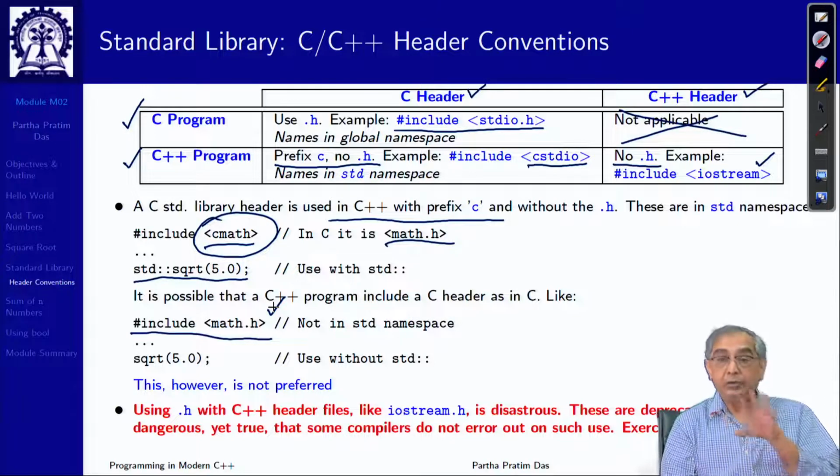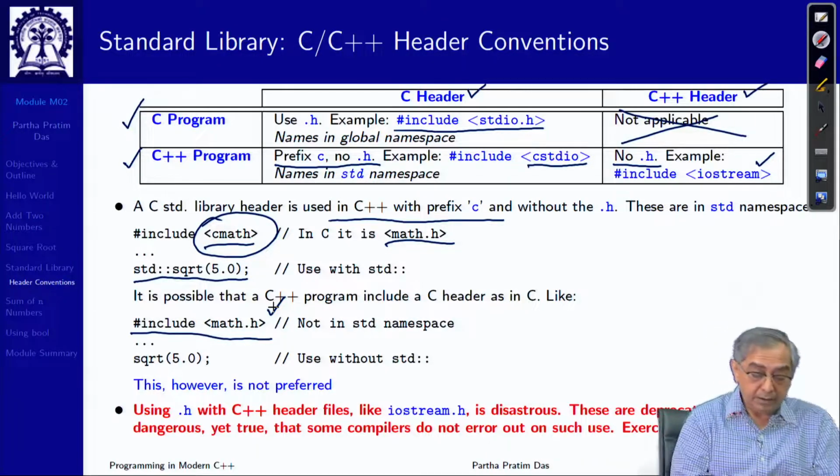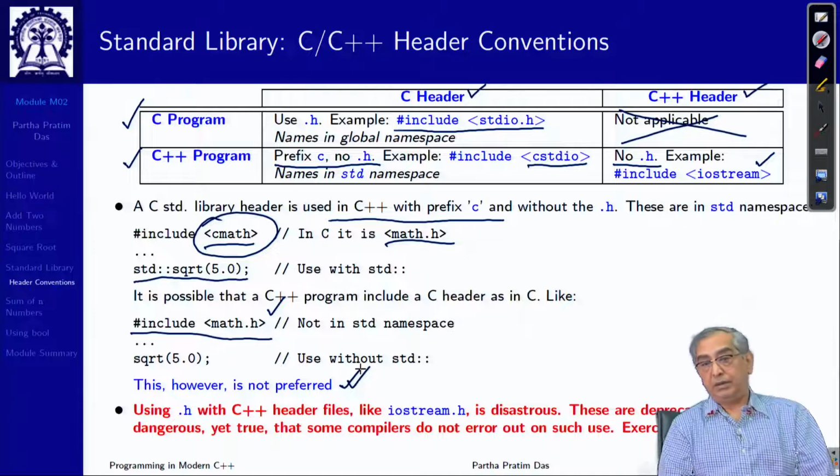So, you can do that, but if you do that, then the name from math.h is still in the global namespace. So, you will not use std::sqrt, you will just use it as sqrt. Right? But what I will strongly suggest is do not do this.